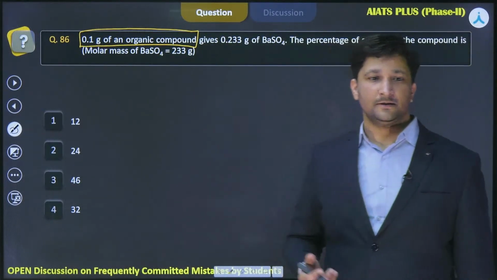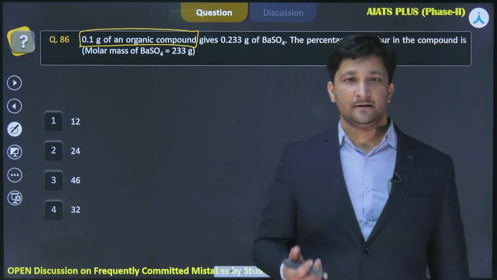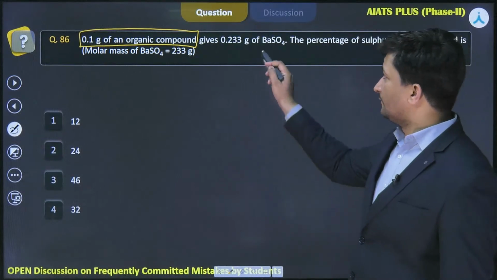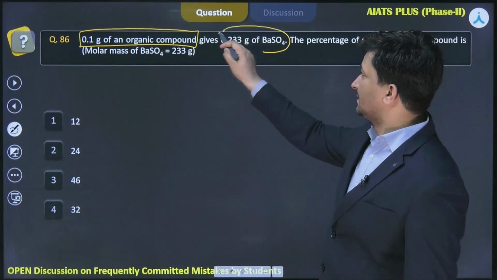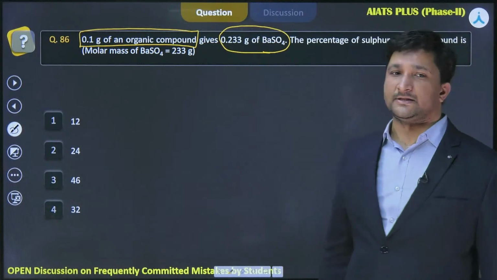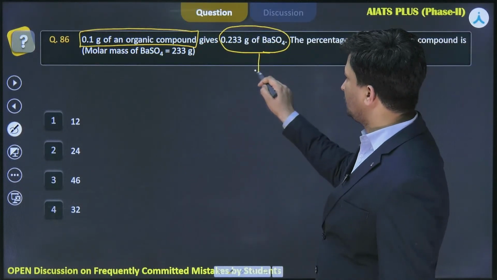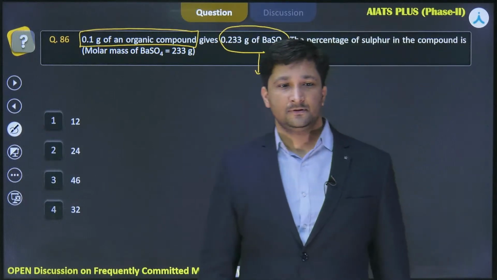We pass fuming H2SO4 and then barium, so that you will get barium sulfate. It precipitates, and from this 0.1 gram of organic compound, 0.233 gram of barium sulfate has precipitated.